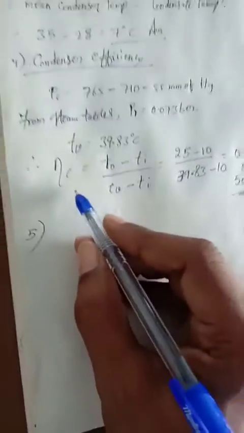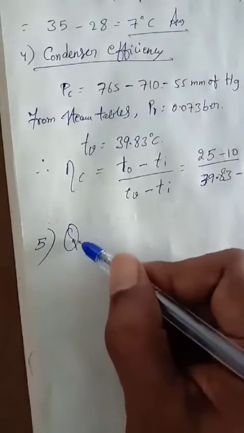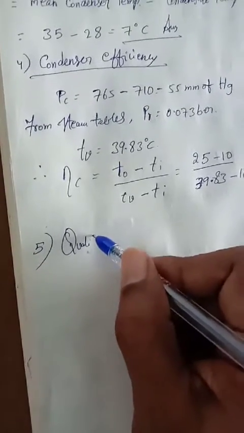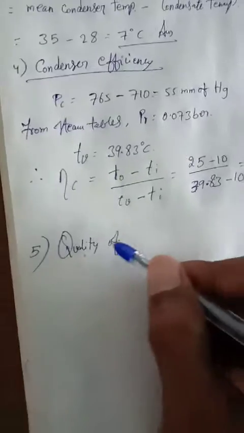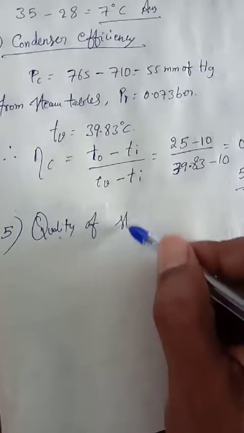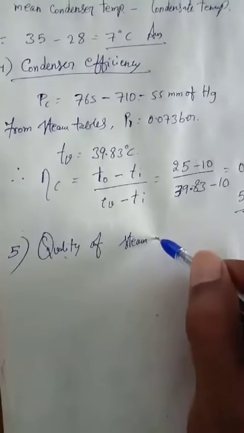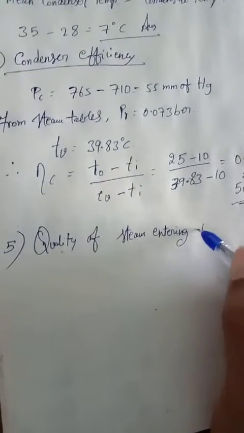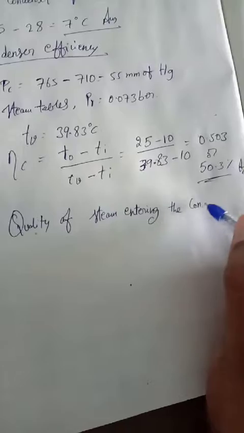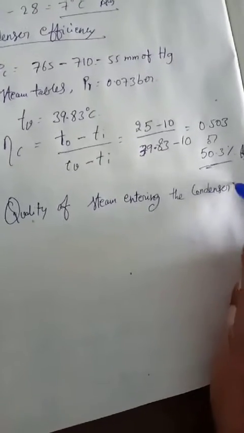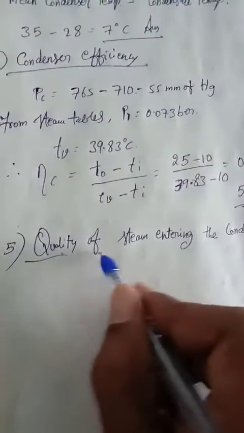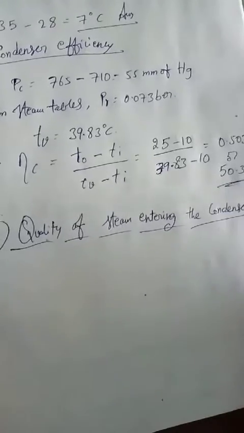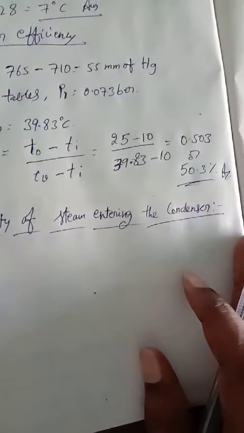Okay, so now we are going to see the fifth one. What is the fifth one? Quality of steam entering the condenser.